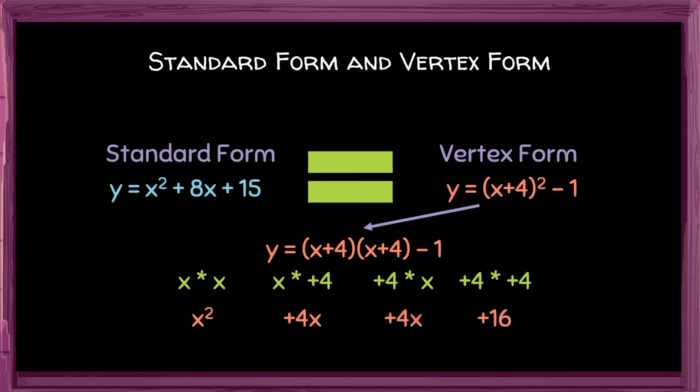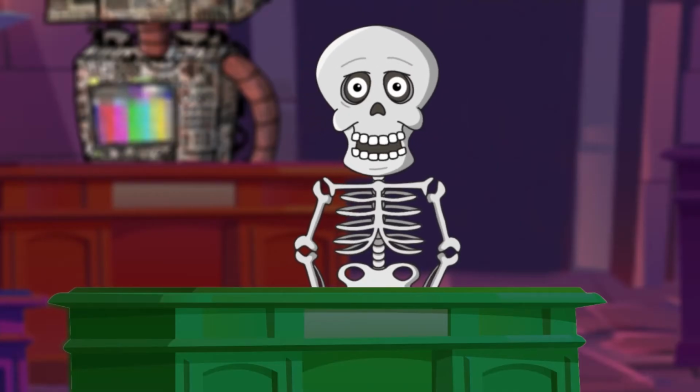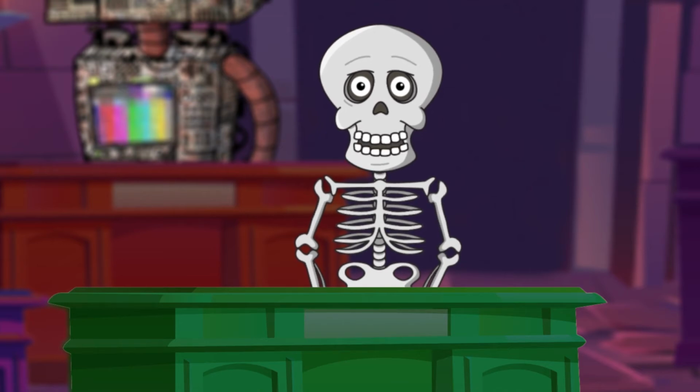The plus 4x in the middle simplifies to plus 8x, so we end up with x squared plus 8x plus 16. We're almost done. But, as Codette said, we have a minus 1 at the end of our equation, so we need to subtract 1. That gives us x squared plus 8x plus 15. That's exactly the same as the equation we started with, the one that was in standard form.